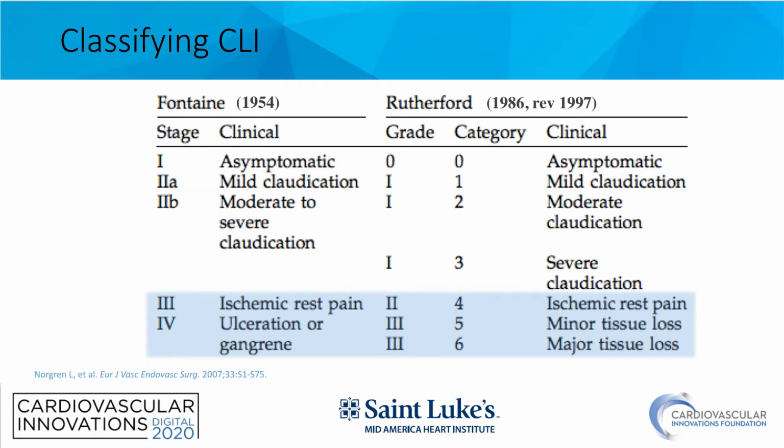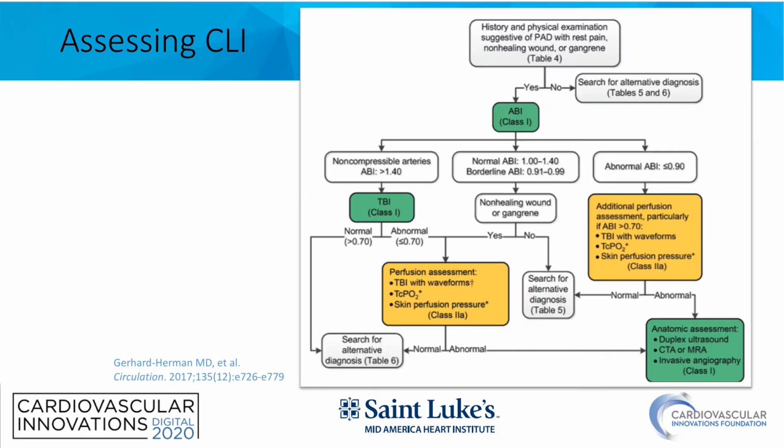While various schemes for classifying CLI have been used over the years, the Rutherford-Becker classification, originally proposed in 1986 and revised in 1997, is probably the most frequent scheme, with which I'm sure most of our audience is familiar. Central then to our guidelines for assessing critical limb ischemia is physiologic testing, starting with the ABI.